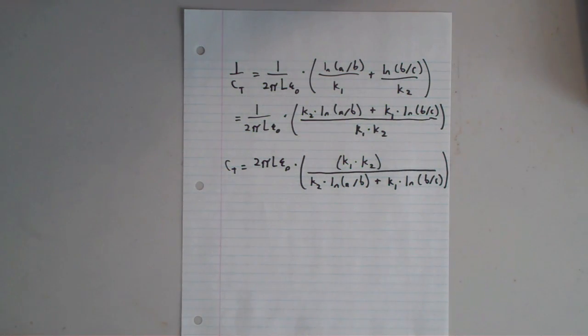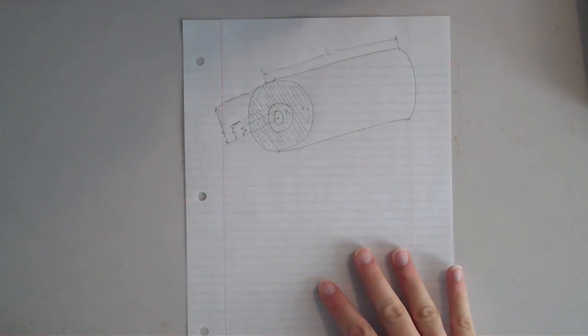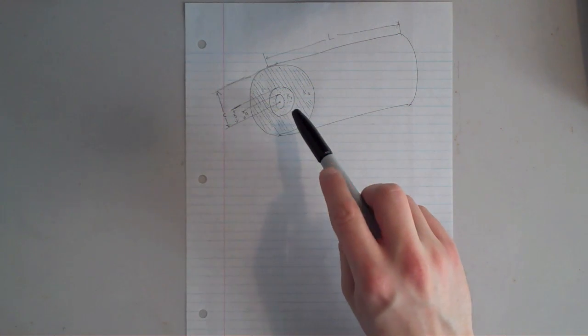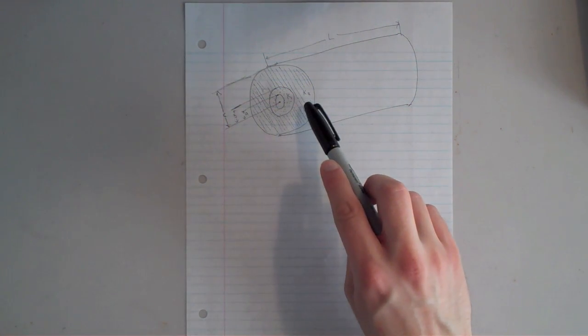So that is the capacitance of the cylindrical capacitor with two dielectric materials, one with dielectric constant K1, one with dielectric constant K2.